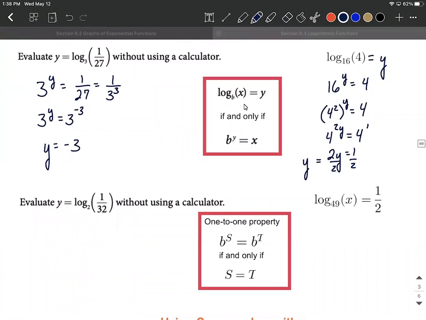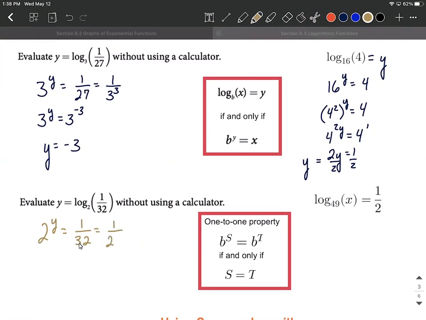All right, let's look at y equals log base 2 of 1/32. In exponential form, we have 2 raised to the y power is 1/32. This is pretty similar to the one right above it, where what I'd probably want to do is rewrite it so I can see a 2 raised to a power on both sides. So the first thing I would do is rewrite that 32.